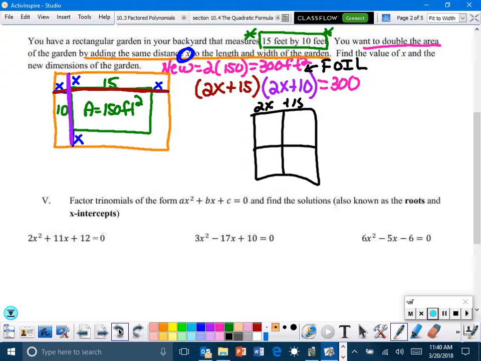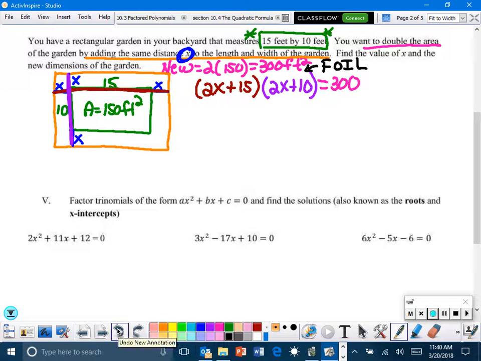So once I FOIL it, I get 4x squared plus 50x plus 150, and it equals 300. The next thing I need to do, remember, in order to solve it, we have to have it equal to 0.